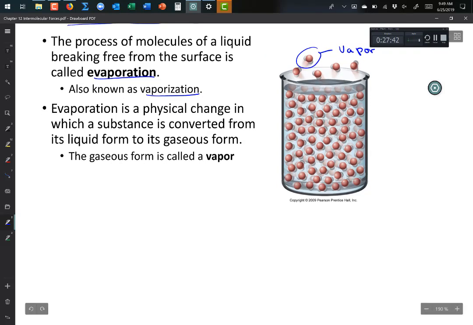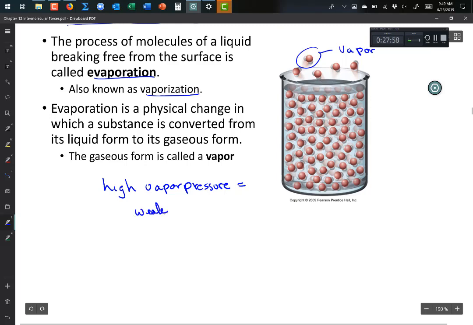And high vapor pressure means weak forces of attraction. It's kind of the opposite of viscosity and surface tension. High forces of attraction mean high viscosity, high surface tension, but low vapor pressure.